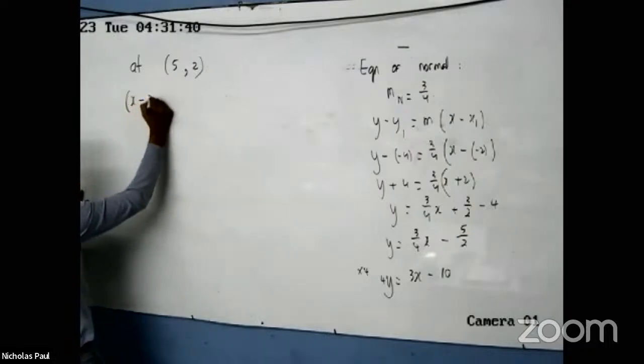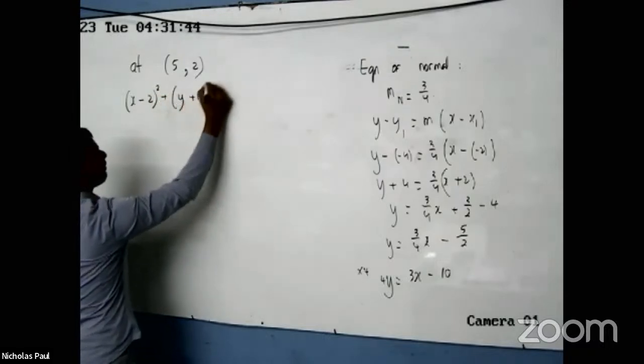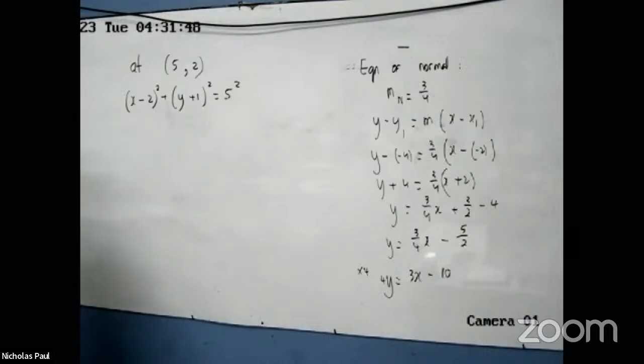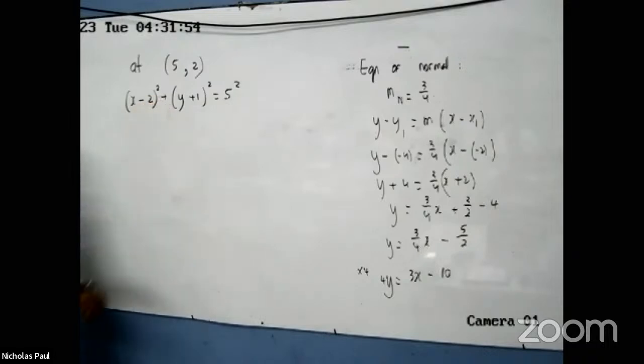the equation of the circle is (x - 2)² + (y + 1)² = 5.